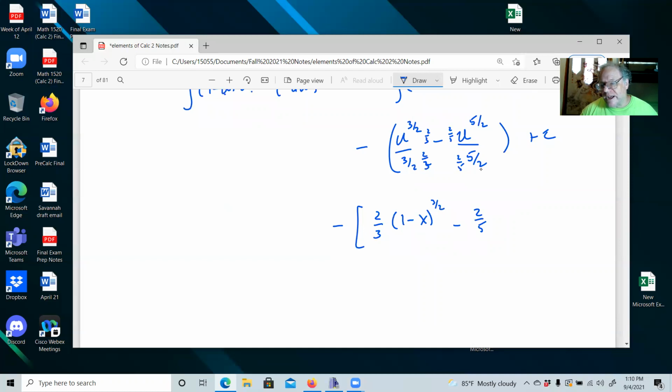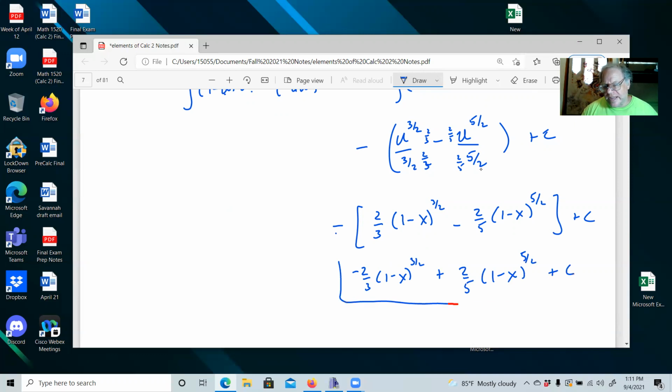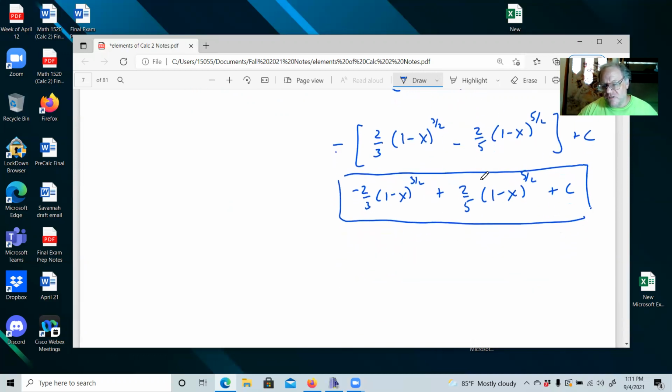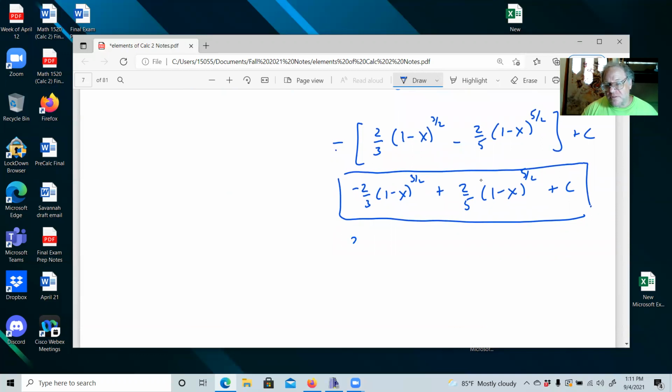So that's going to cancel out. It's 1 minus x raised to the 5/2, plus C. So we're going to say this is negative 2/3, 1 minus x to the 3/2, minus, plus, right, because minus times a minus, 2/5, 1 minus x raised to the 5/2, plus C. That's your solution. You might swap them around to put the positive one first.